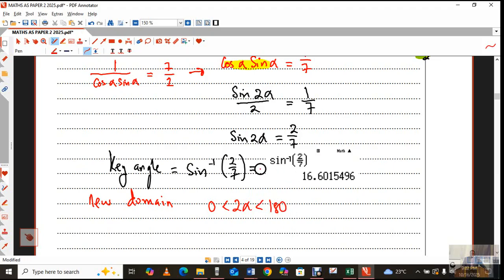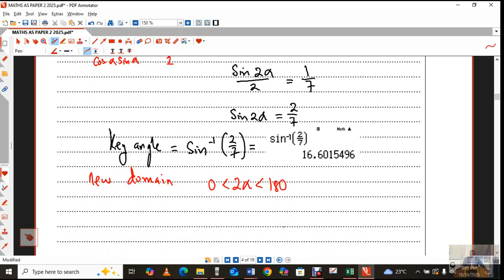And sine is positive, because this ratio is positive, in the first as well as in the second quadrant. So one of the solutions would be, let's say in the first quadrant, you say 2 alpha is equal to 16.6015 and so on degrees. Okay.